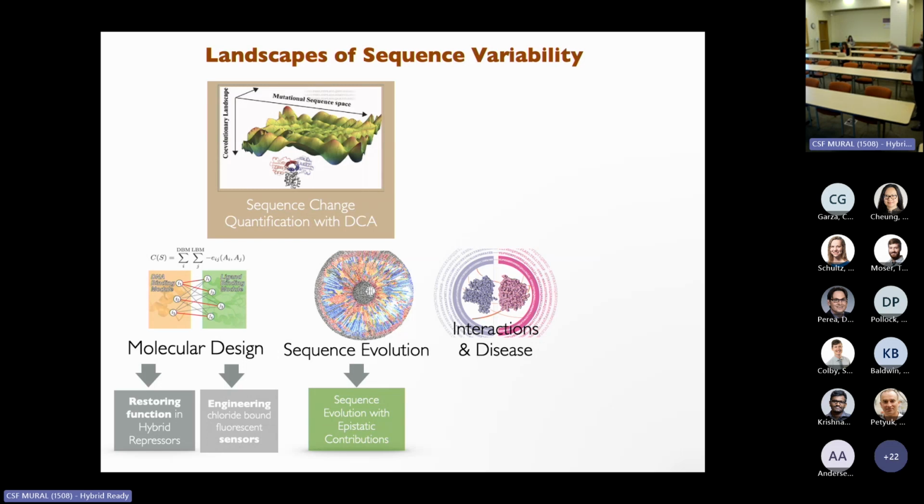So since this is coming from evolution, then you can use these ideas as a driving force towards sequence change. I'm not going to discuss this, but that's another topic we're very interested in in my lab. How about mutations that affect disease? This methodology allows us to say something about the impact of several changes across protein families.